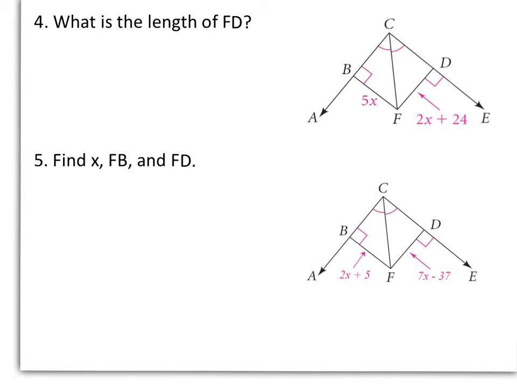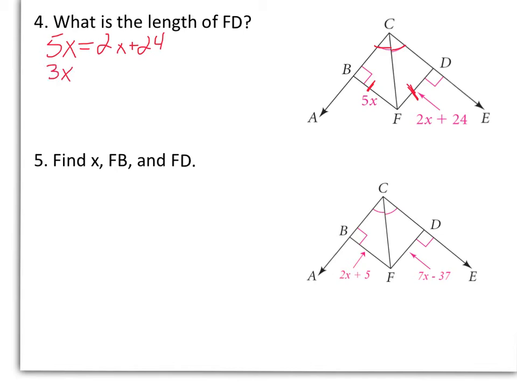Number 4 says, what is the length of FD? Well, we see that CF is an angle bisector because at angle C we have 2 congruent angles. DCF and BCF are congruent. So if it's an angle bisector, then that means point F is equidistant from B and D, meaning my 2 sides are congruent. Congruent means equal, so my equation will be 5x equals 2x plus 24.